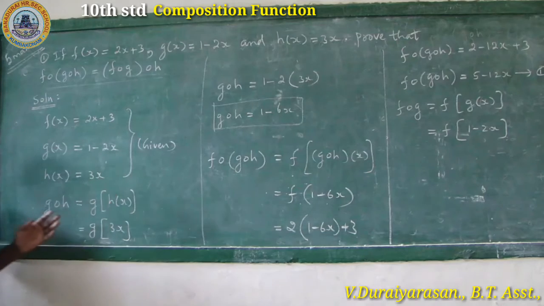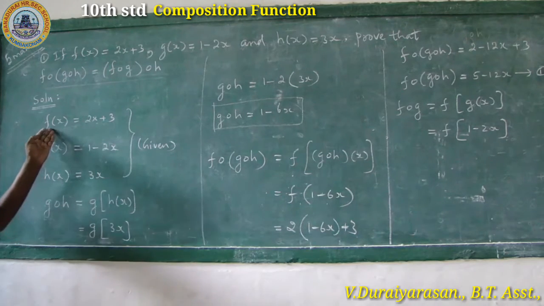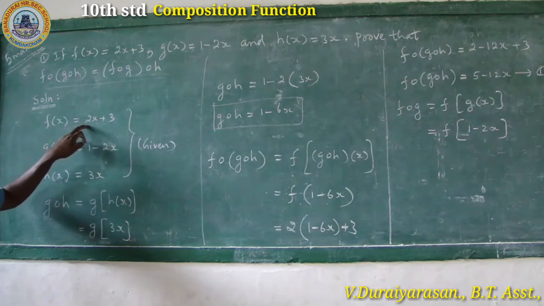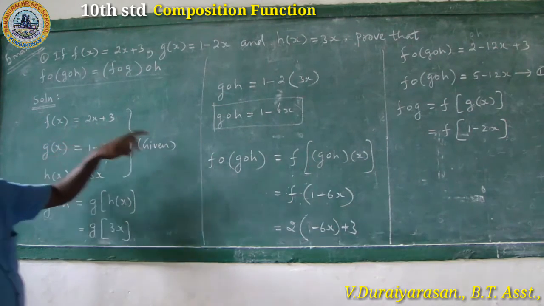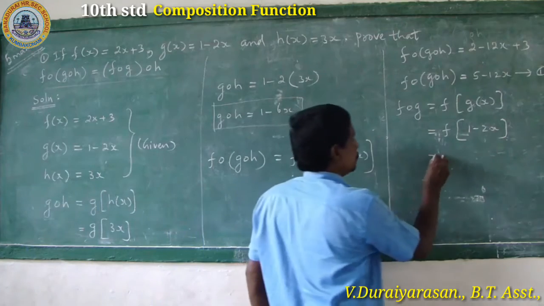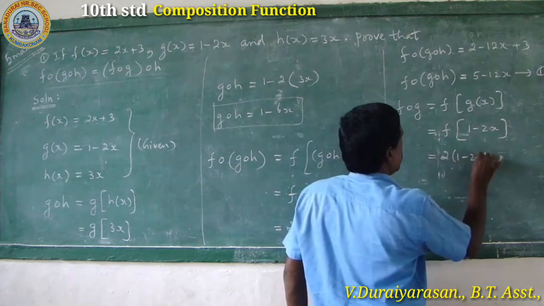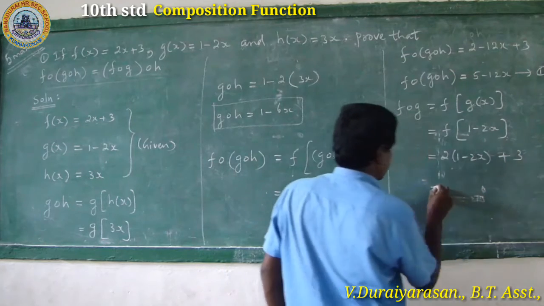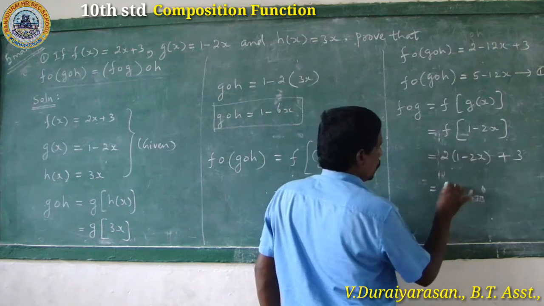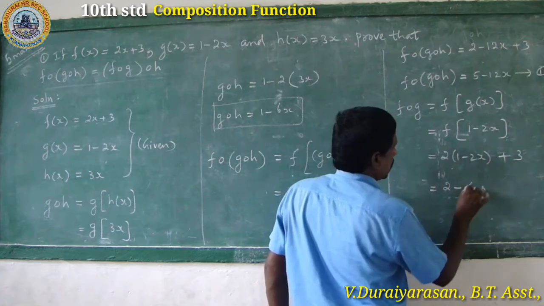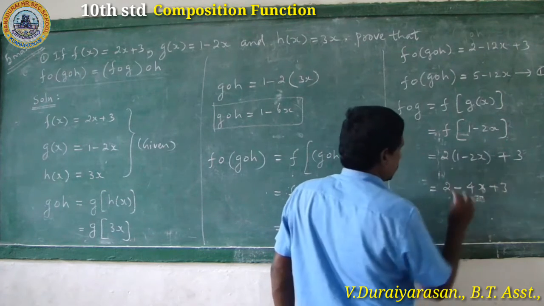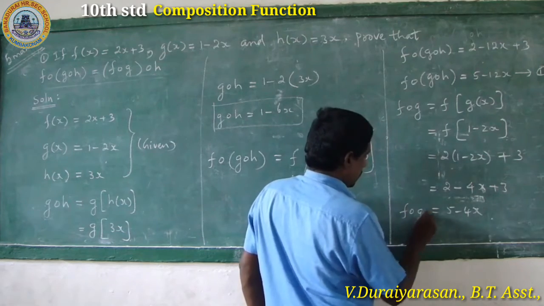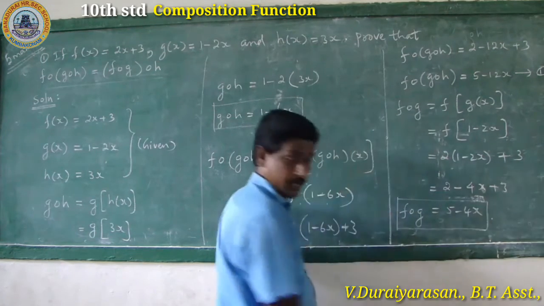What is the function f of x? x multiplied by 2, then add 3. So 2 times 1 minus 2x, plus 3. 2 times 1 is 2, 2 times 2 is 4x, plus 3. 3 plus 2, 5 minus 4x. This is f composite g.